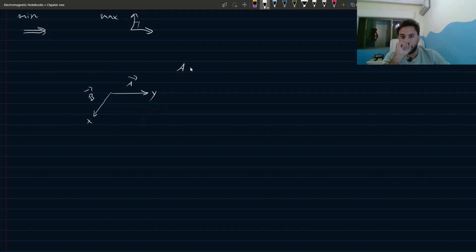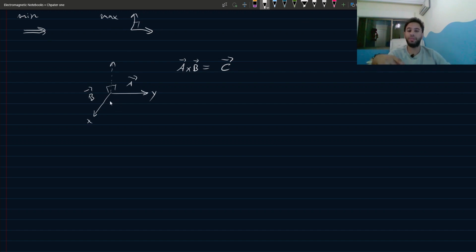So A cross B will give you an additional vector. Let's say it's called C. And it will be on the z-axis, because it is perpendicular to both of them. It is perpendicular to vector A and perpendicular to vector B.